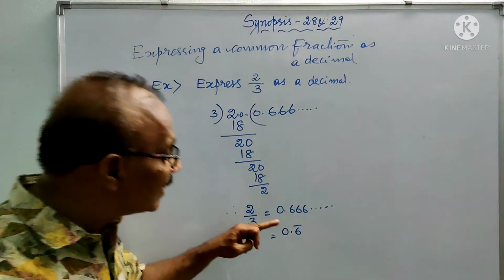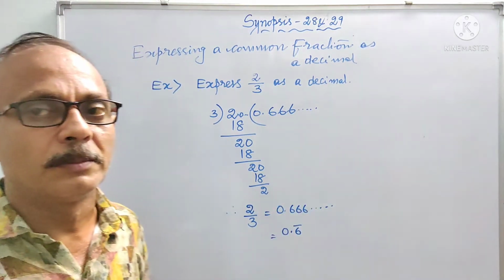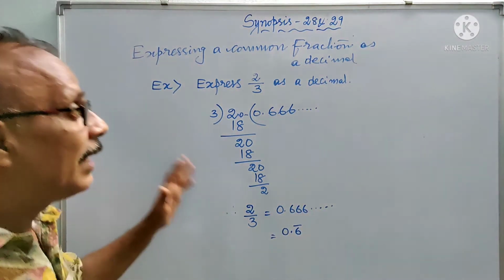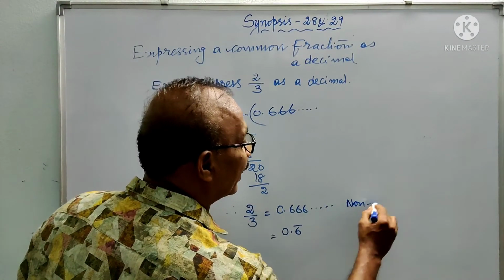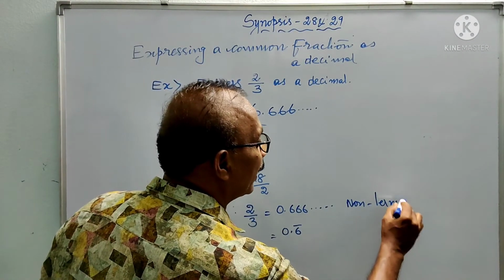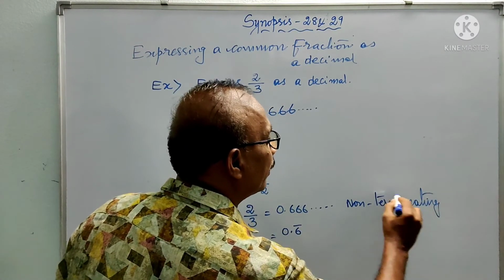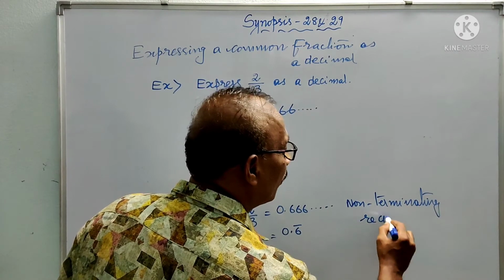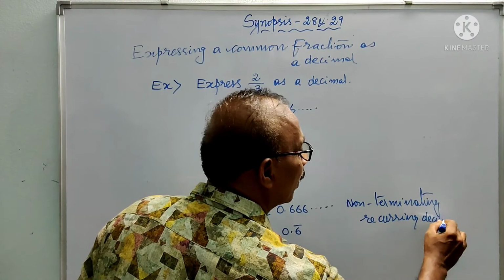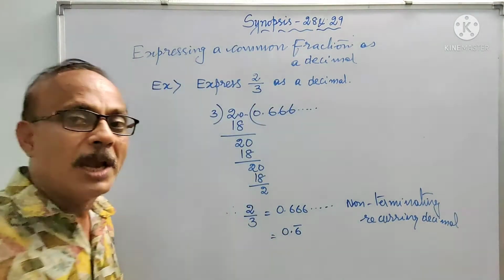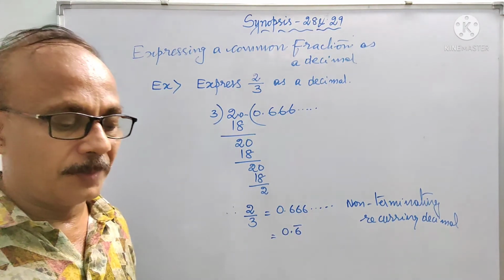So 0.6 bar means 0.6666, so on. And what is this type of decimal? This is a non-terminating recurring decimal. Or you can call it also a non-terminating repeating decimal.